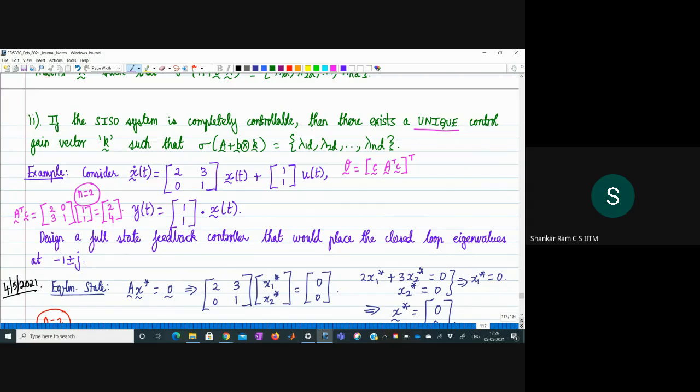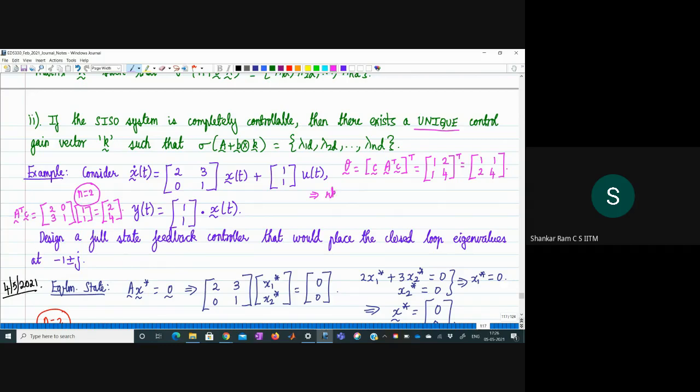Substituting for C and A transpose C, the observability matrix is the transpose of this, so we have 1, 2, 1, 4 as the two columns.